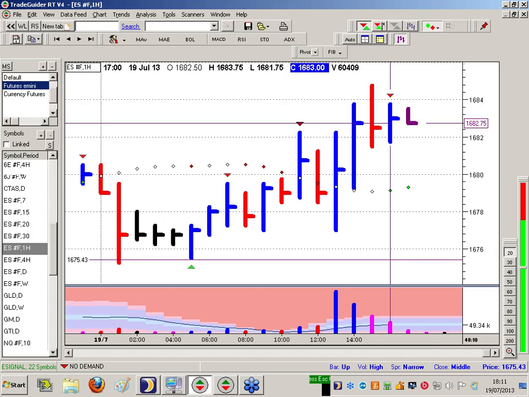It panics those people that are long. There's a lot of traders there, oh look, it's falling, I'm shorting, and so on and so on. But basically, it shakes out the market, shakes out people on the wrong side of the market, but you must have the background. They must be shaking out for a reason. Don't forget, we work on facts, if possible. We don't work on any mathematical formula or anything, patterns, nothing like that.